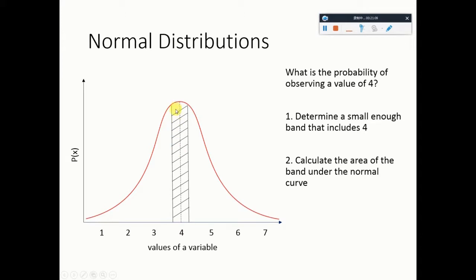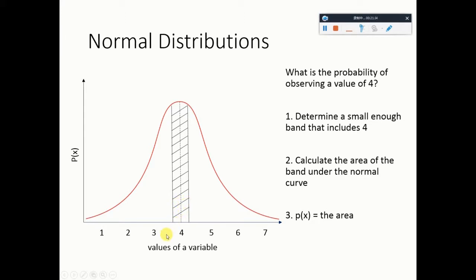So what is the area of this shaded part? The area of the shaded part will be the probability of finding 4, or technically finding the very narrow band that contains 4.